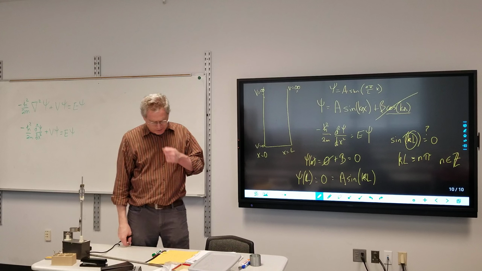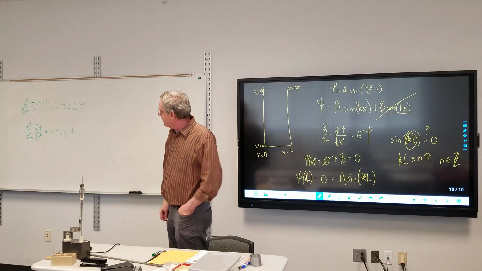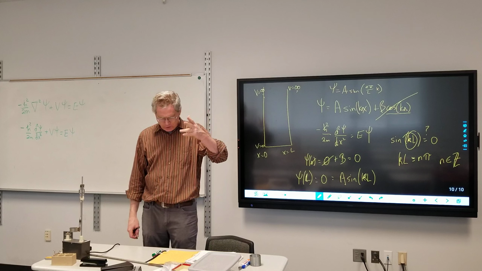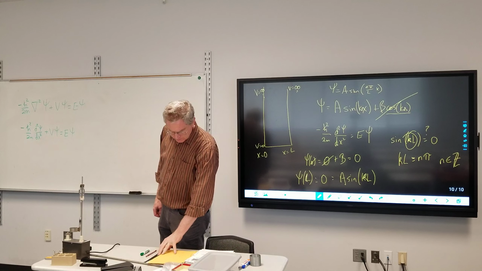Well, we have to narrow this down some. But first, we have to, one, figure out what A is, not necessarily in this order, and two, figure out what the energy levels are.